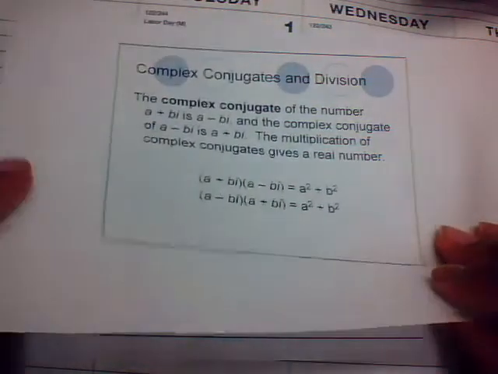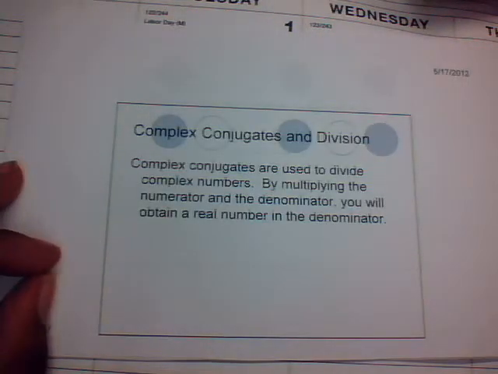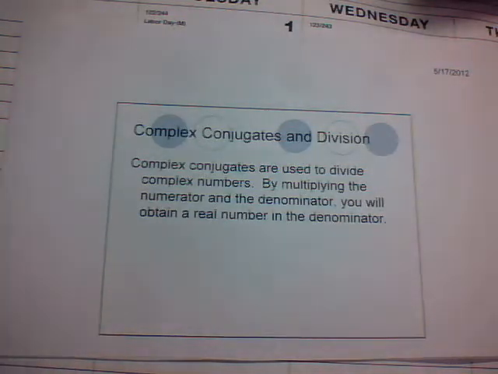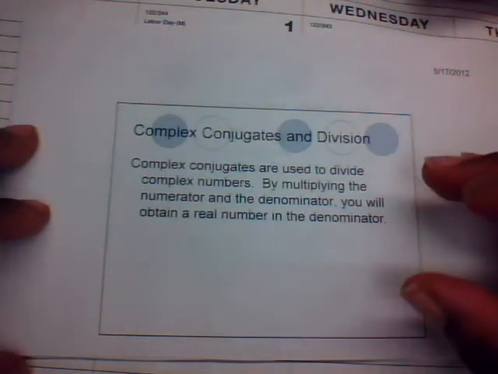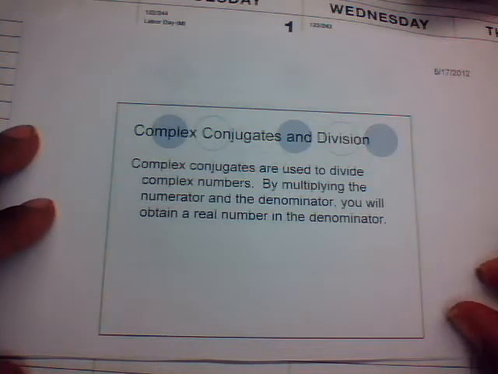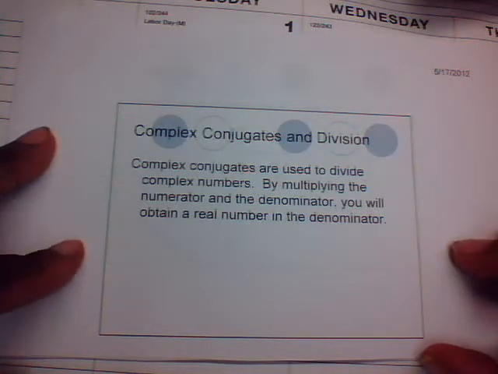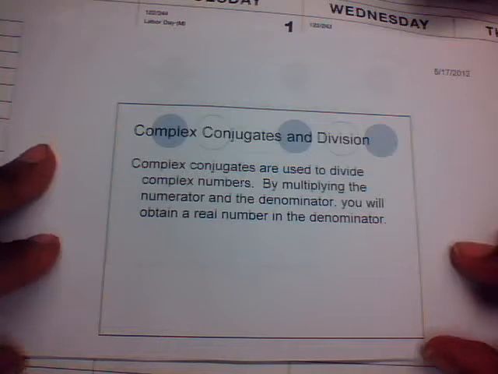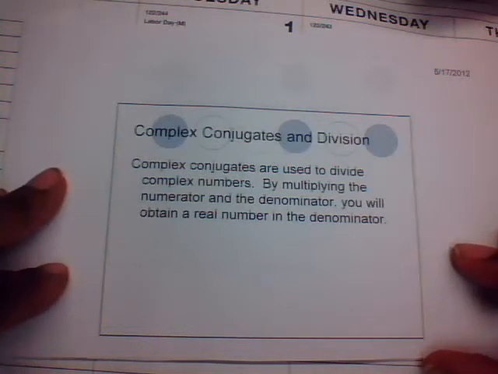Let's look at, well, before we look at an example, let me mention this. Complex conjugates are used to divide complex numbers. By multiplying the numerator and the denominator, you will obtain a real number in the denominator.